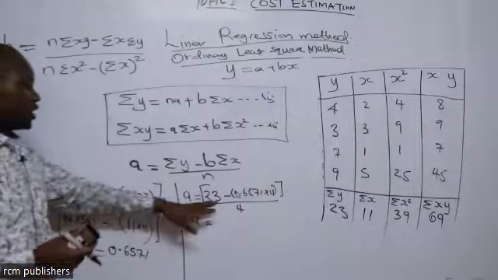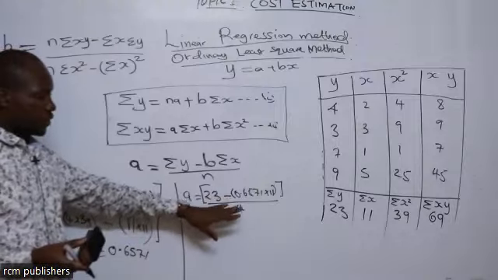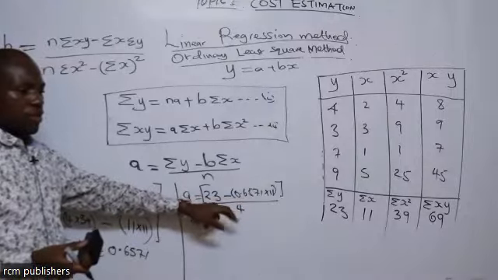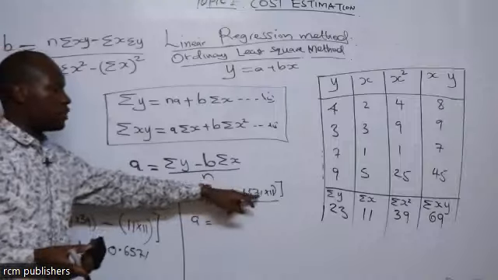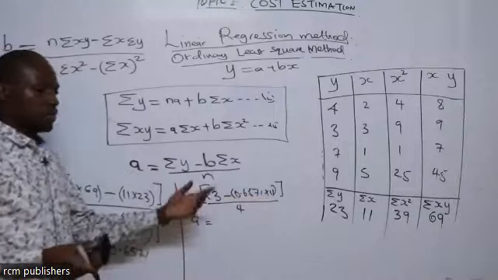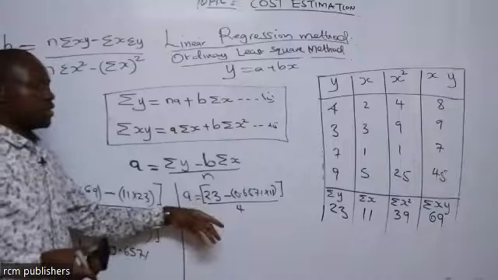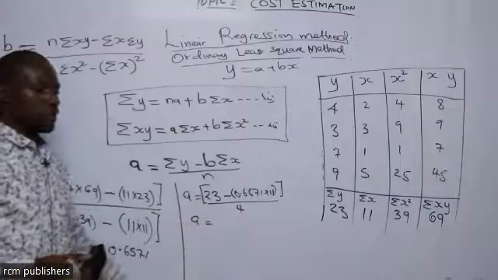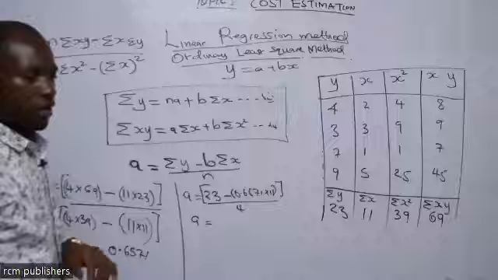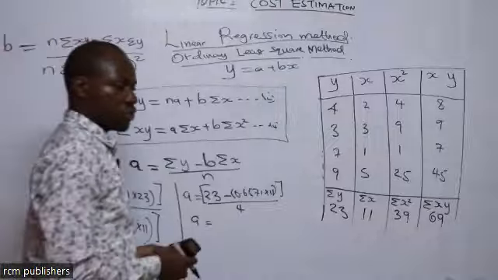The value of A, it is beating us here. The way you have the value of B, multiply by 11 times -1, add this, divide by 4. Simple. It is 3.9428.